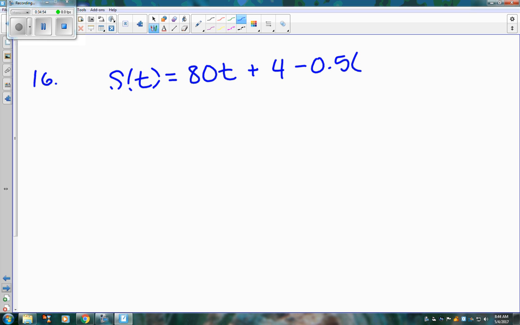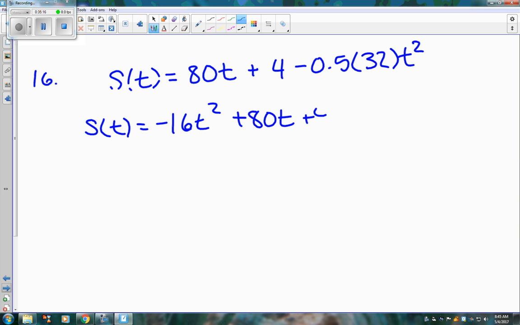What is A? 32. And we still don't know what t is. What is 32 times a half? Can a number go into all three of those? 4. I'm going to do -4 because I don't like the negative in front.